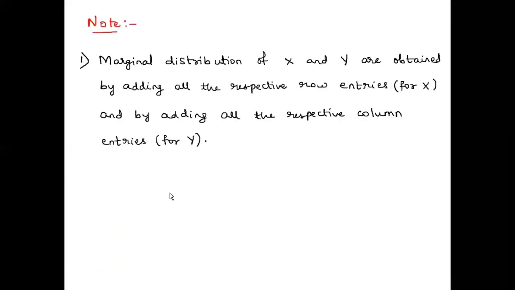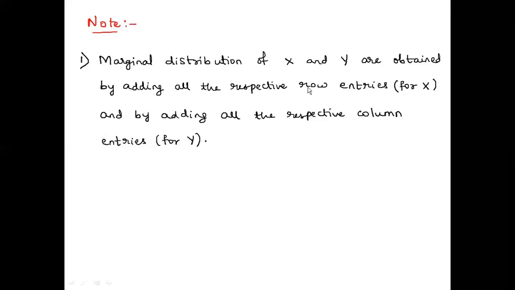Note, I already talked about this. The marginal distributions of x and y are obtained by adding all the respective row entries, that is for x, and by adding all the respective column entries, that is for y, looking into the joint probability distribution table.